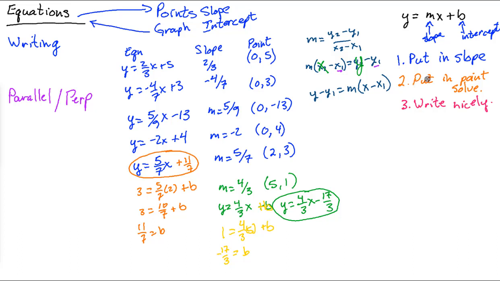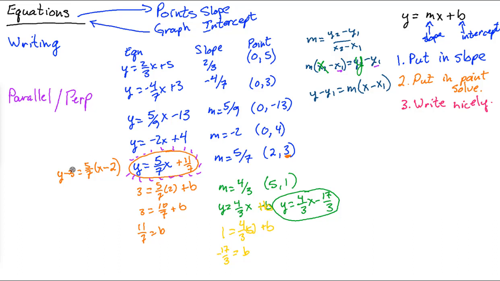Putting in the slope, putting in the point, you can actually do this all in one step. Let's take this one right here, and let's do it using this formula right here. I'm going to use this orange and write it out right here. y minus y1, which is 3, equals 5/7 times x minus 2. And you're like, what?